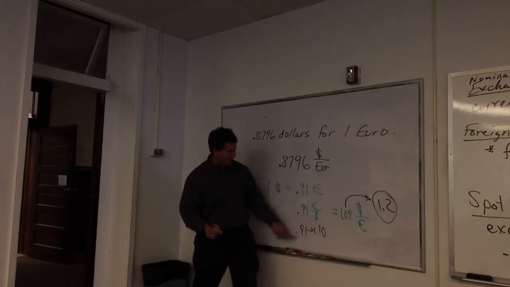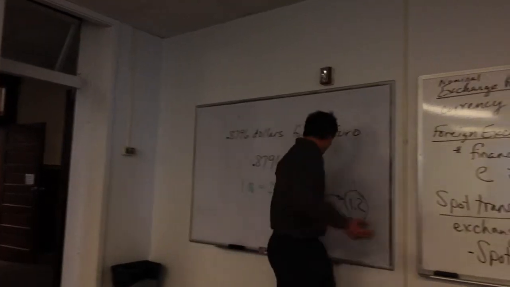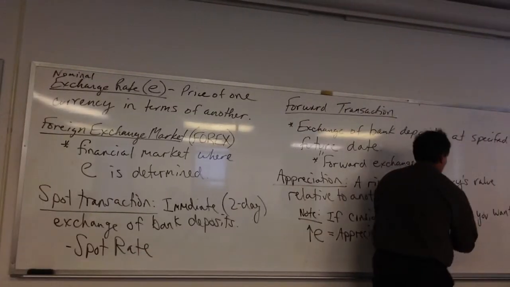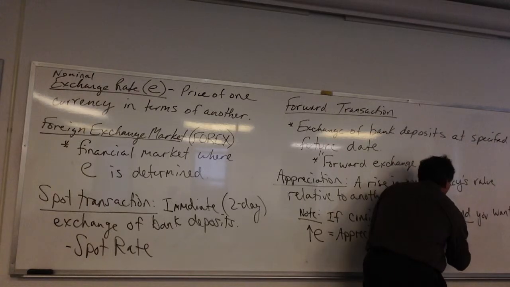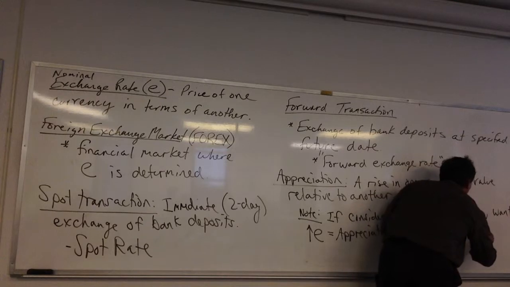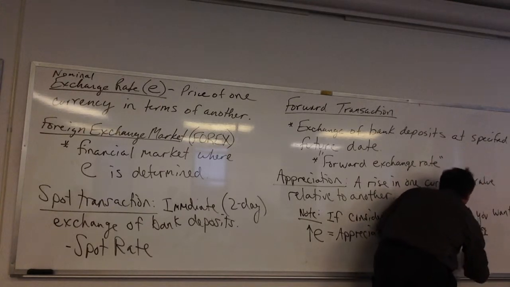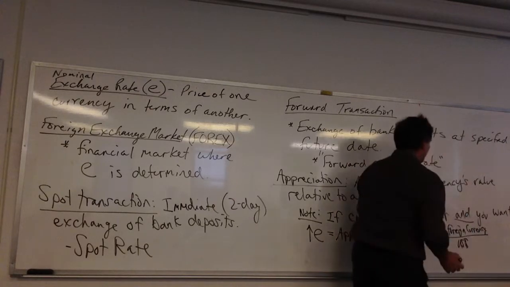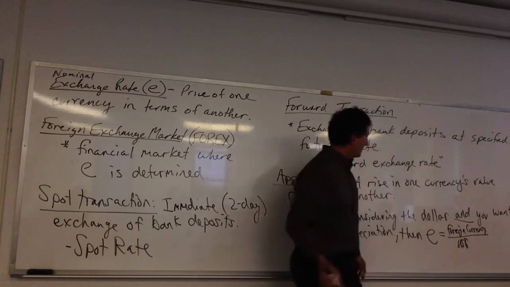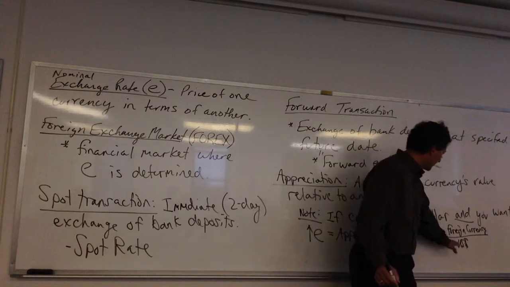0.91 euros per dollar. If now we get 1.1 euros for every dollar, that's good for me. So it's appreciated. So then E needs to be situated as foreign currency over dollars. And maybe I'll put US dollars here, for Aussie dollars and other things, now that we're getting in foreign currency.